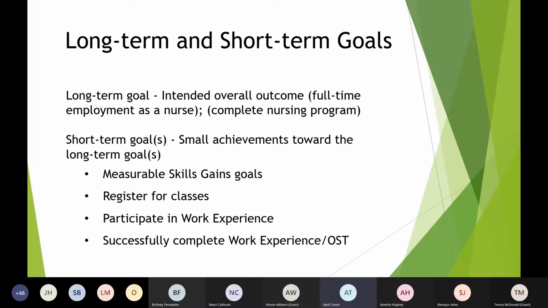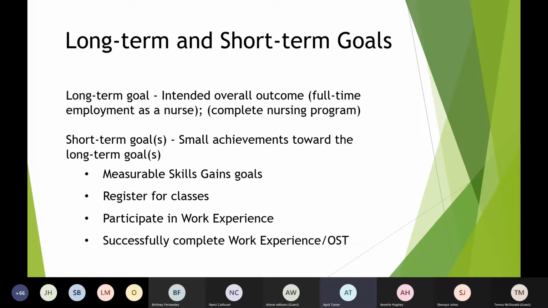One has to be your MSGs, and then they could be small ones like registering for a class. You may be referring them to adult ed or rehab or something like that. That would be a short-term goal, for them to go to that place and set up a meeting to be interviewed by them. Going to a work site and meeting the employer.